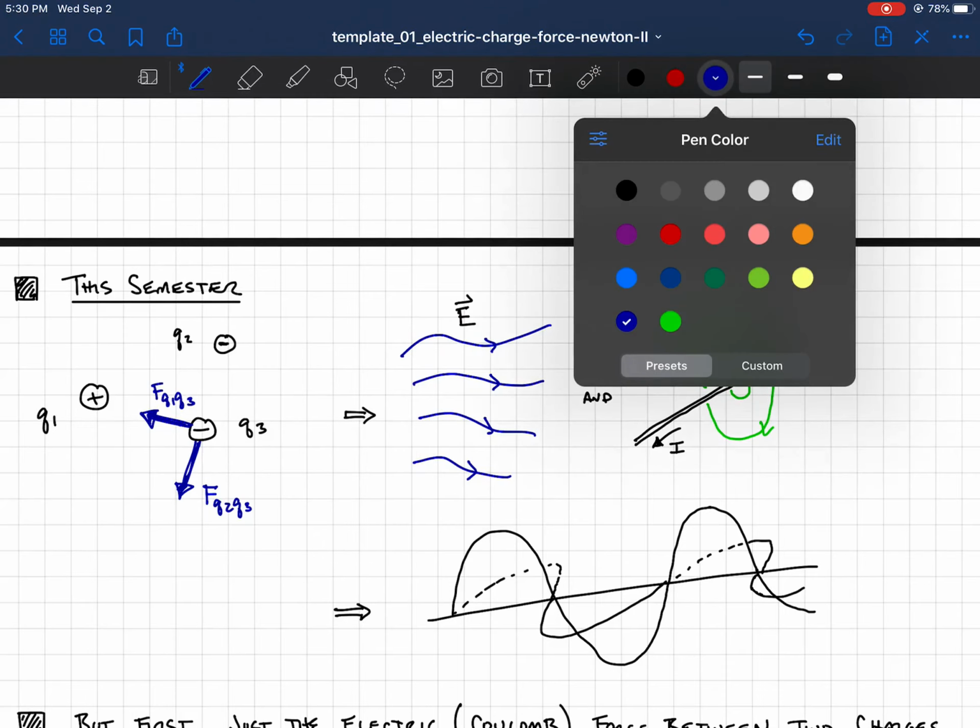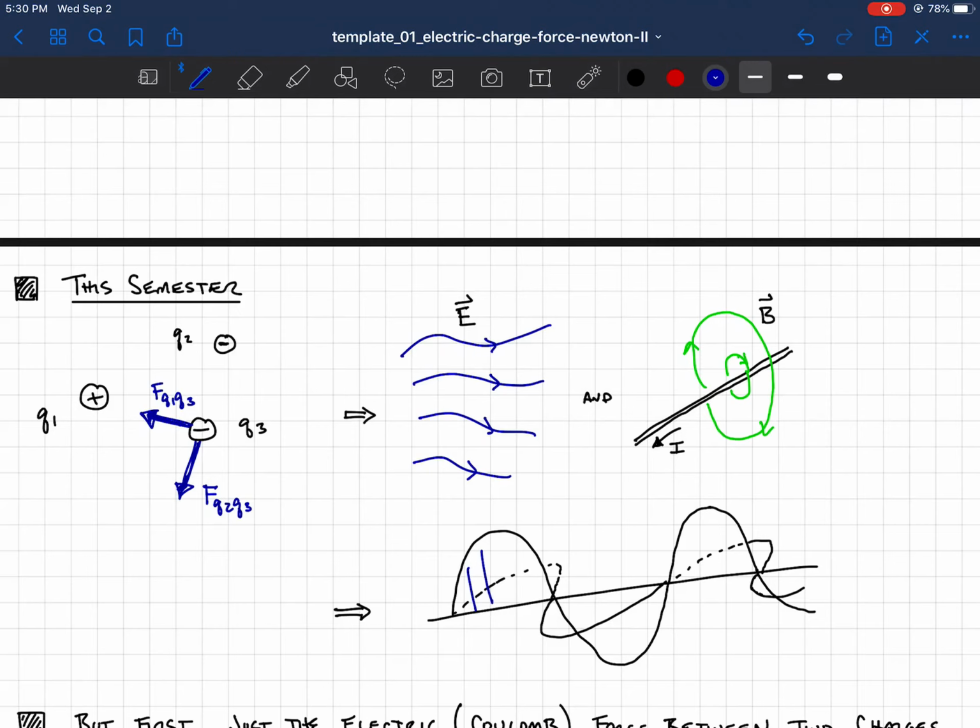And those things will become part of something called the electromagnetic field, or an electromagnetic wave, which, as you can see here, the electric field is pointing like this, and the magnetic field points like this.